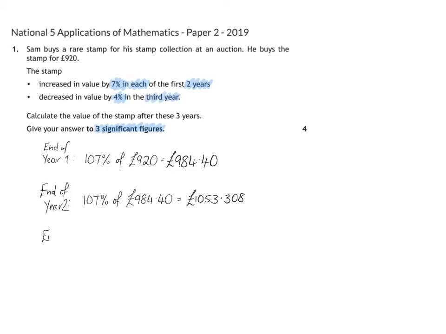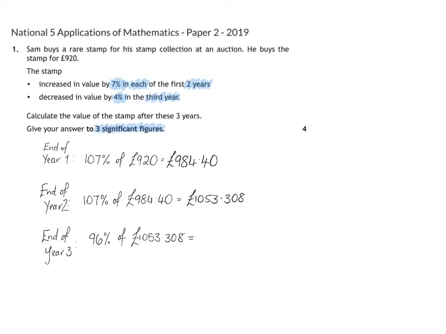And then lastly, we've got end of year 3. So this year 3, it said it decreased by 4%. That means it's 96% of what it was originally, of our total, which is £1,053.308. So 96% or 0.96 goes into our calculator.